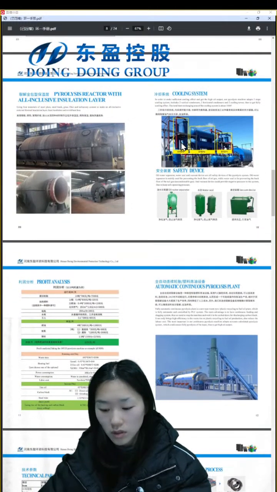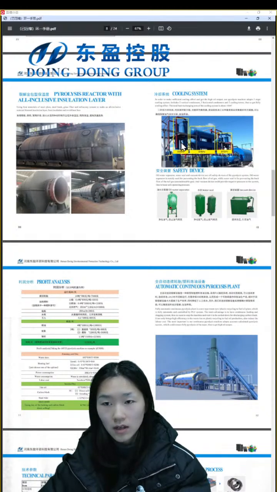Do you know the old design, a water tank to cool down the oil gas? This design is old because using the water tank to cool down the oil gas, you can get only one kind of oil.